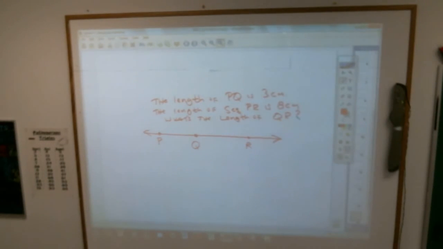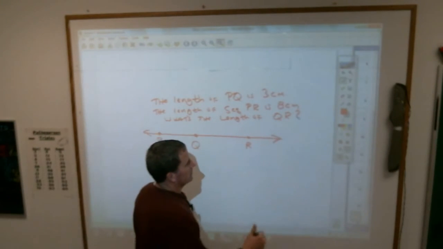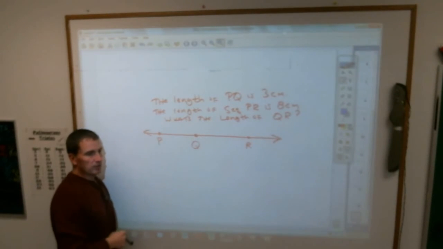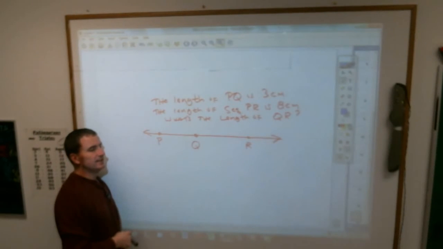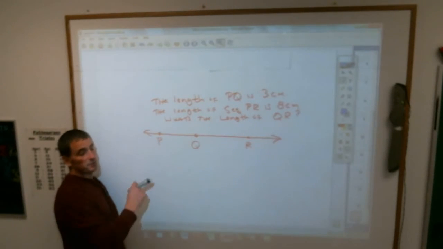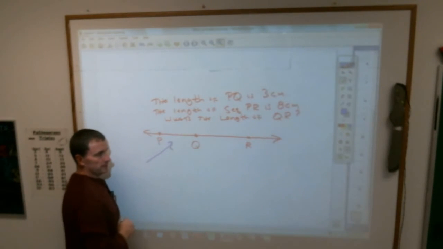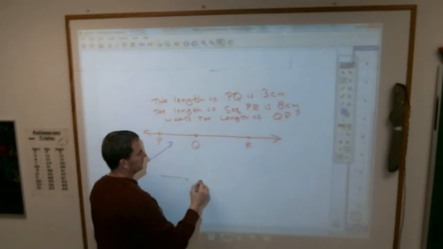Now, whether you can do this in your head or not, it doesn't matter to me. You might know the answer already. You're asking me right now, what do I need to write on my paper? If you see this problem in the book, you have to draw out this line. So this is me on my paper.